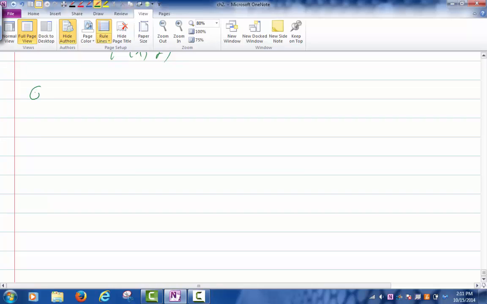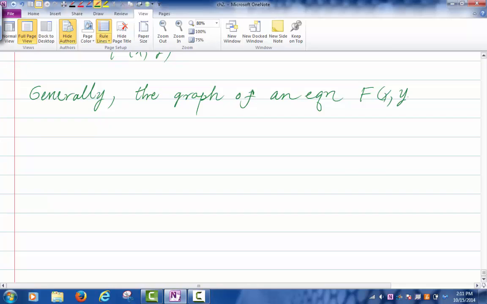So generally speaking, the graph of an equation f of x, y equals 0 doesn't represent y as a function of x.